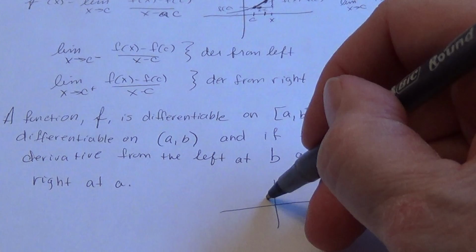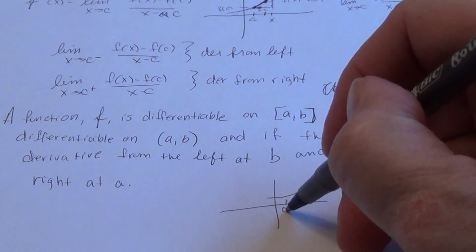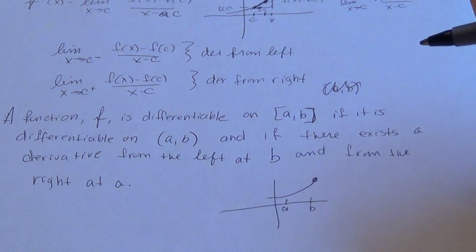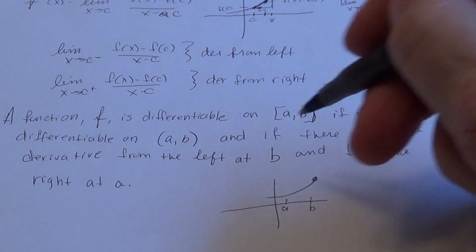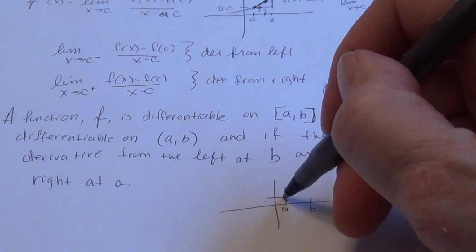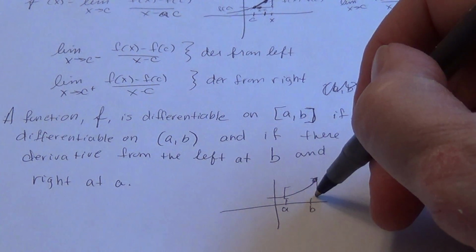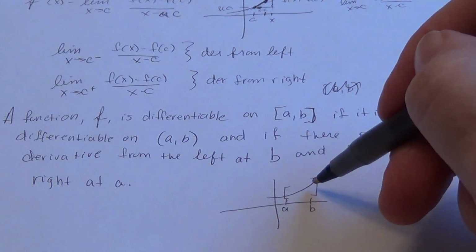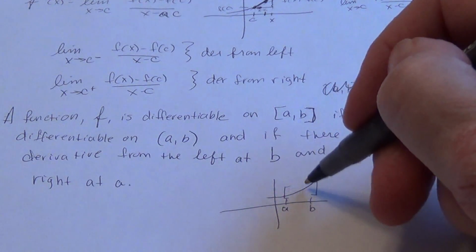So any function, here's my A, here's my B. Let's say this function stops right there. And as we're approaching, we want to know if it's differentiable on this whole section, including A and B. It's this whole interval.